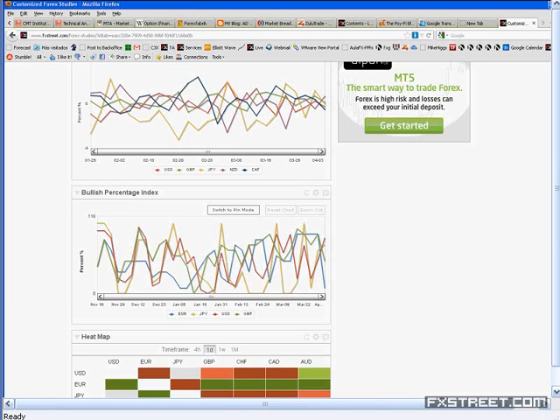Because our perception of time changes if there are a lot of events, movements, and things happening on the chart. Our cognitive perception of time changes. It's different from those days or periods when nothing happens.